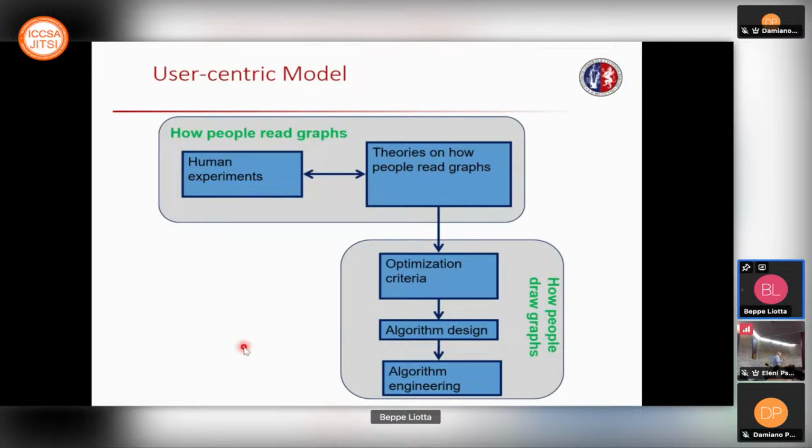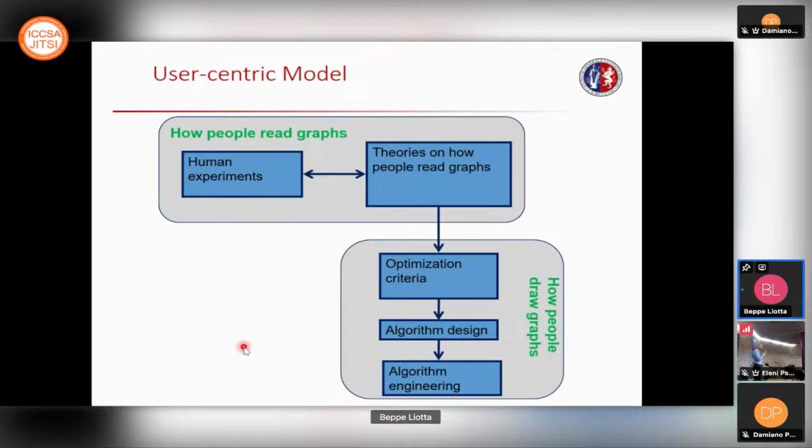This second approach is what I call the user-centric model. In the user-centric model, you start with the experiments. You start to understand and speculate: how do people read graphs? How do people read networks? Based on these human experiments, you develop theories on how people read them.